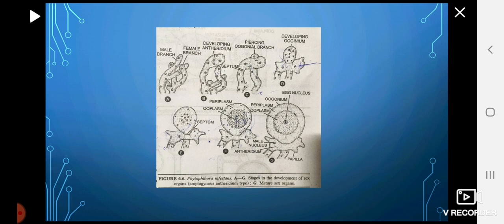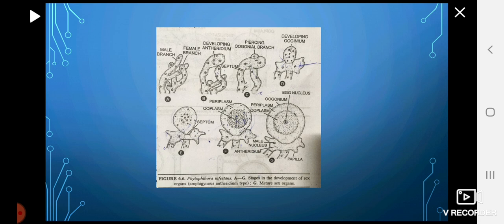Now at the time of fertilization, one of the antheridial papillae elongates and grows towards the oogonium. Now the tip of the papilla gets attached to the side of the oogonium, the common wall between the two dissolves and the protoplasm of the antheridium along with the nucleus migrates into the oogonium.